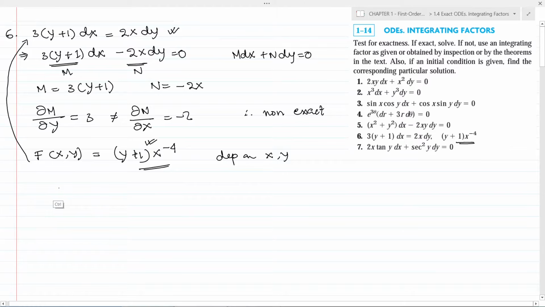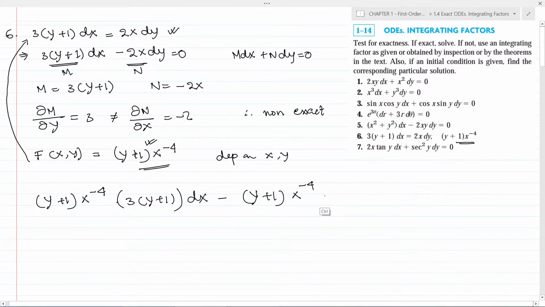So, we will multiply this f with the ODE and we will get (y+1) into x to the power minus 4 multiplied by 3(y+1) dx, minus (y+1) into x to the power minus 4 multiplied by 2x dy equal to 0.